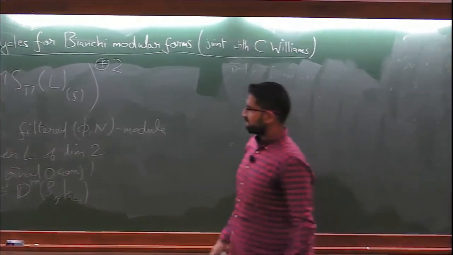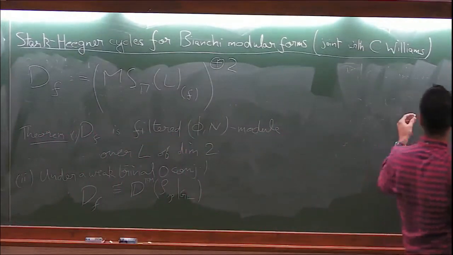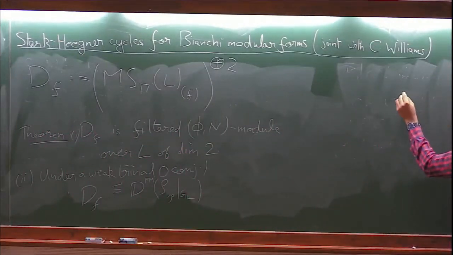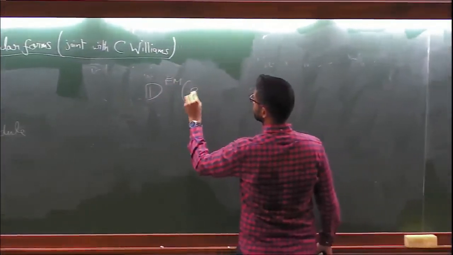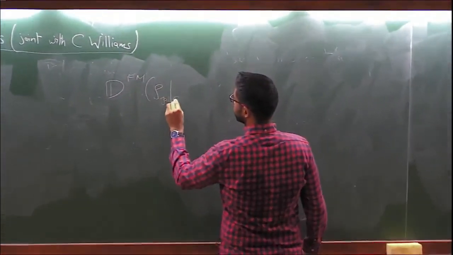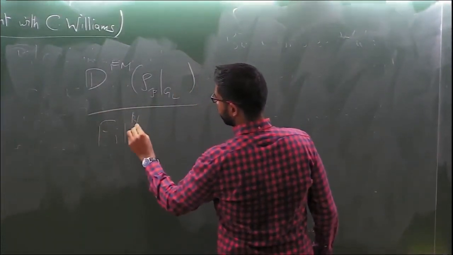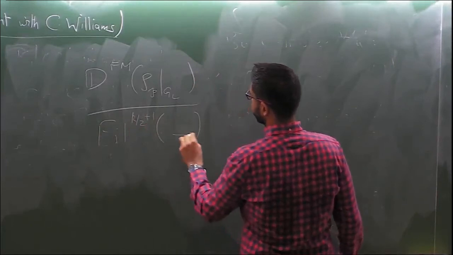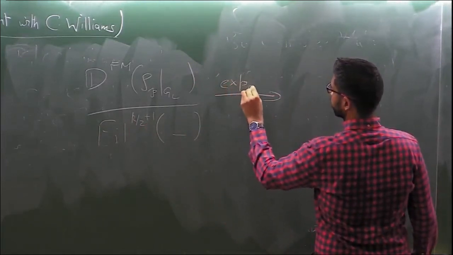So we've also assumed that this representation is semi-stable, which means that by Bloch-Kato, we have a Bloch-Kato exponential map. So this is from rho P restricted to G_L modulo Fil of K by 2 plus 1, the same object, the Bloch-Kato exponential.